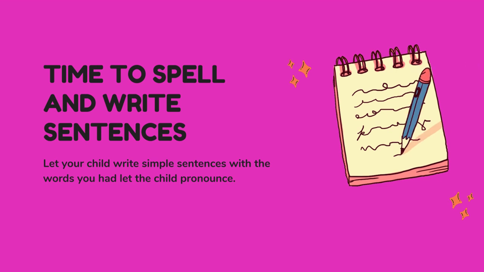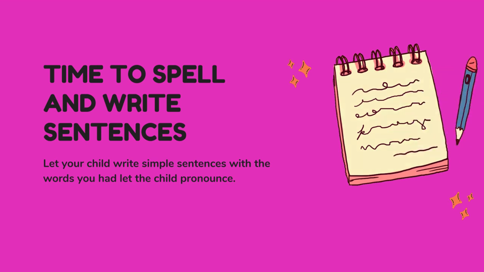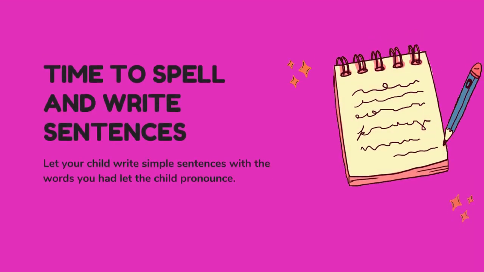And then you say, what are the letters for this word if they don't know how to spell it? So you would say it, and let the child write that word. And also this is a good time to teach about the full stop. So you say, okay, you should put a full stop here.